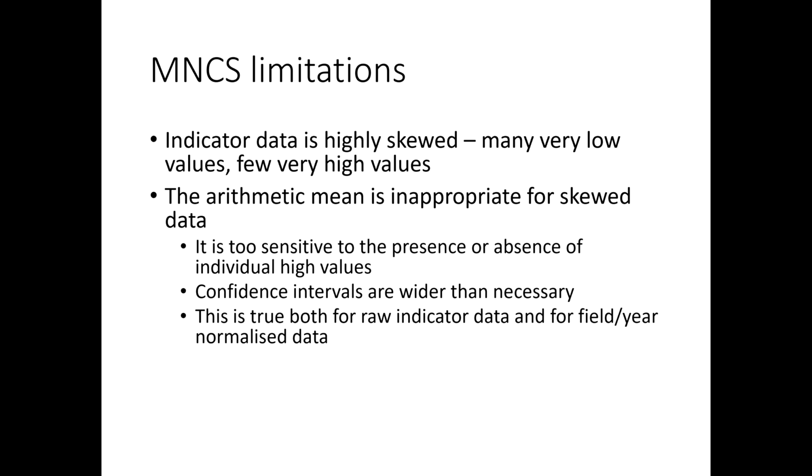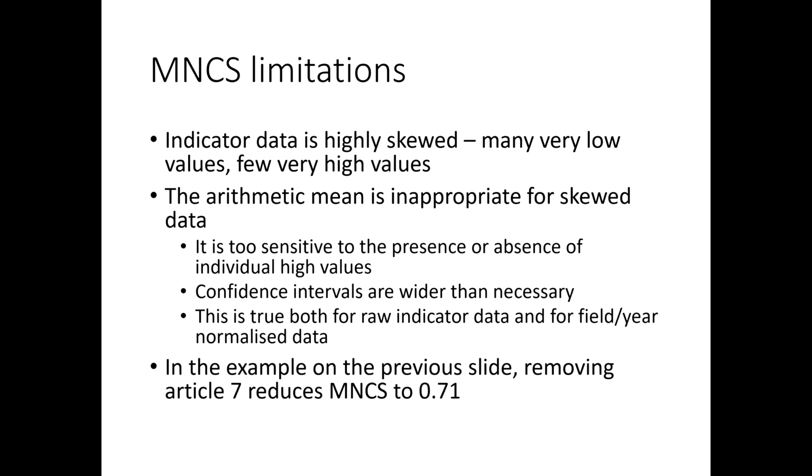And the confidence intervals, if you try to calculate them for the data, they'd be wider than necessary. And this skewed pattern is true both for the raw citation counts or altmetrics and also for the field year normalised data. So the field year normalisation doesn't get rid of the skewing.